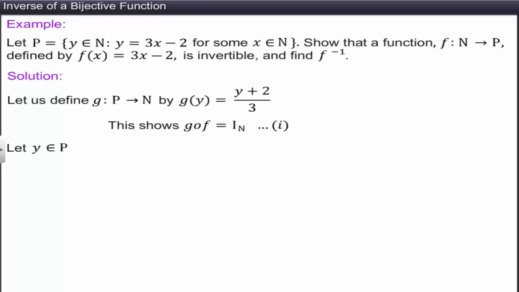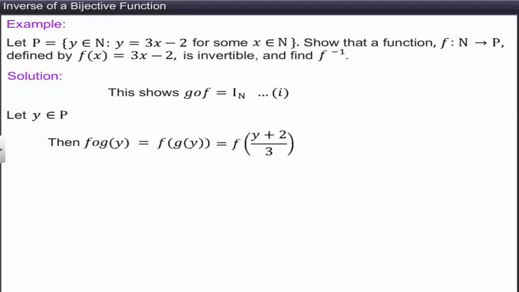Next, let us consider any arbitrary element, y, from set P. Then, f circle g of y is equal to f of g of y, which is further equal to f of (y plus 2) whole divided by 3.